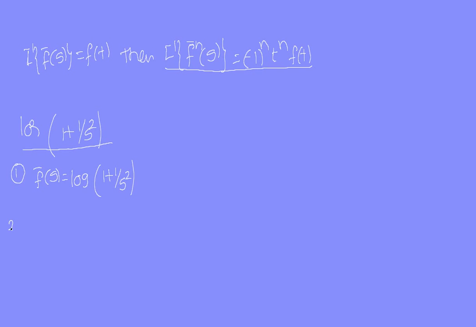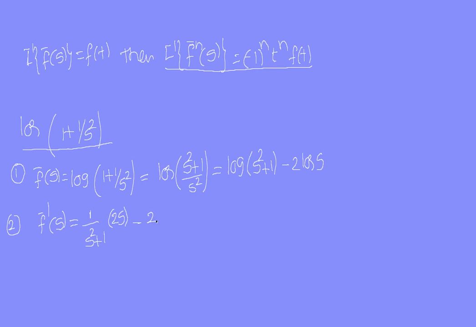Second step, simplify this: log of (s square plus 1) by s square, which you can write as log a minus log b, so log of (s square plus 1) minus 2 log s. Now you have to do the differentiation. So f dash of s is equal to 1 by (s square plus 1) into 2s, minus 2 by s.